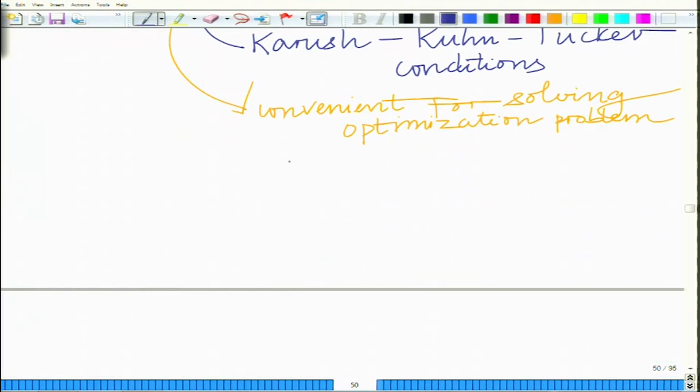So, now consider again the original or the primal optimization problem.